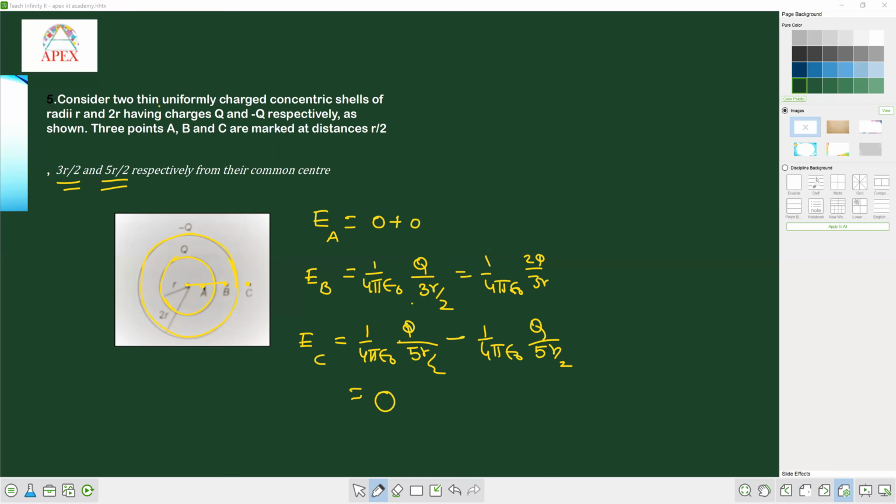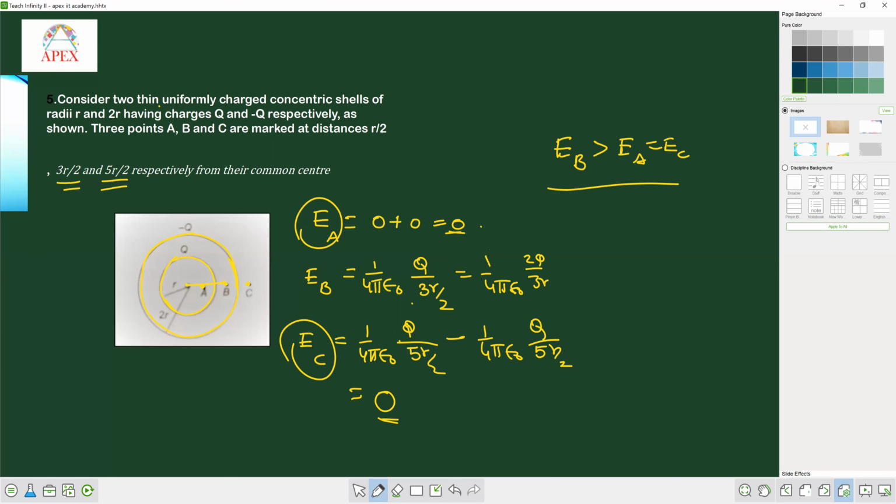So for both point A and point C, we got the total electric field intensity equal to 0. But point B has some electric field intensity which is greater than 0. So we can write the relation: EB is greater than EA, and of course EA equals EC.